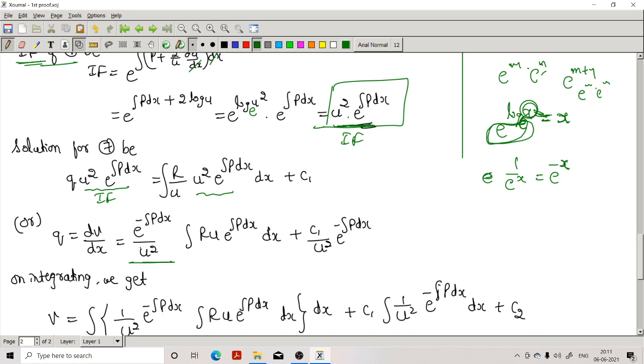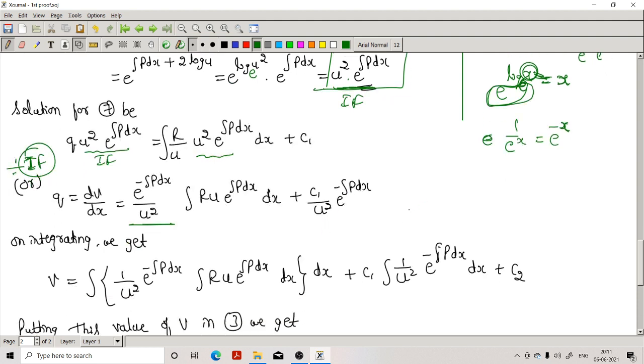Therefore we have taken this to the numerator. You will get e power minus integration of p dx divided by u square into this term; the same u cancels, r u into e power integration of p dx plus c1 by u square. Dividing c1 by u square by the integrating factor, you will get c1 by u square into e power integration of minus p dx.